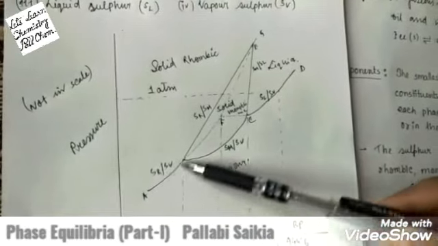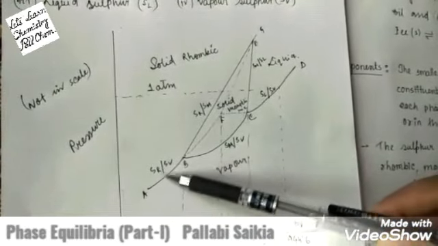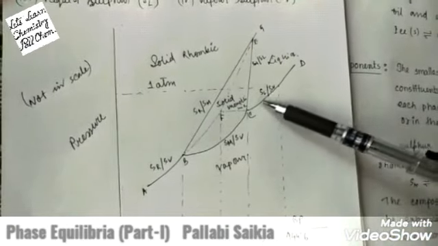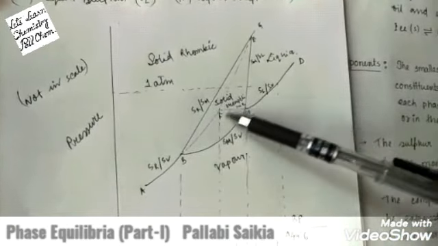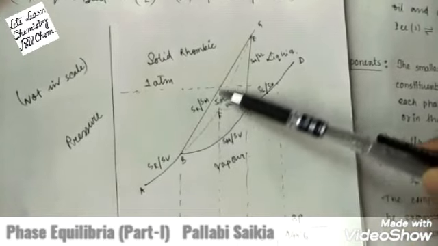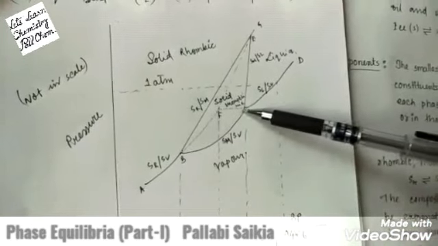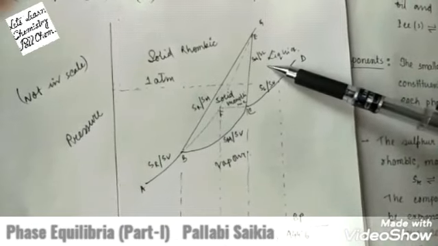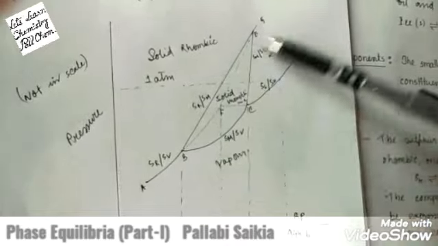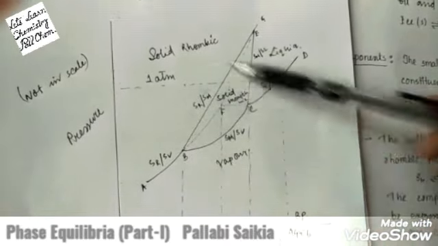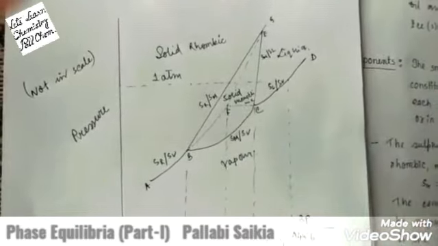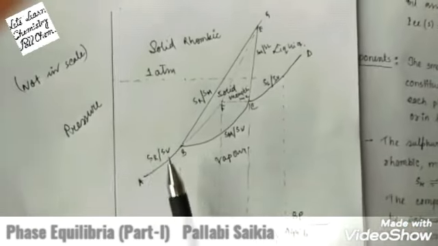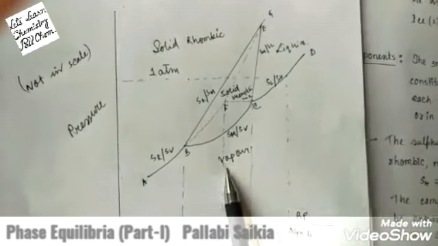So this is the sulfur rhombic to sulfur vapor curve, sulfur monoclinic to sulfur vapor curve, sulfur liquid to sulfur vapor curve, then sulfur rhombic to sulfur monoclinic transition curve, and this is the sulfur monoclinic to sulfur liquid curve.